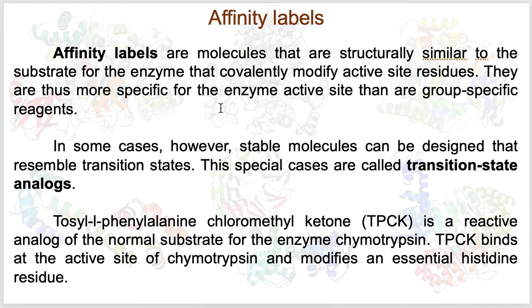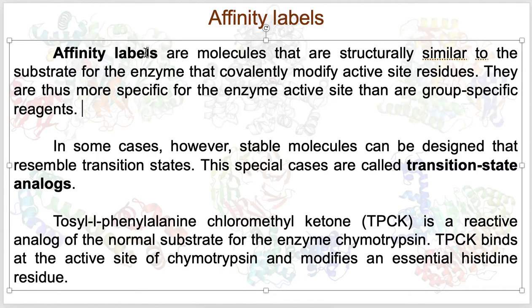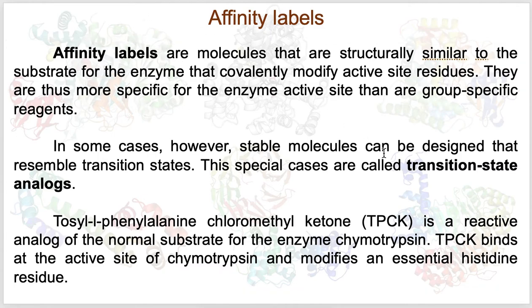So after binding with the enzyme, they covalently modify the active site of the enzyme, thus inactivating it. As the affinity labels are structurally similar to the substrate, they are more specific for the enzyme active site than the group specific reagents.